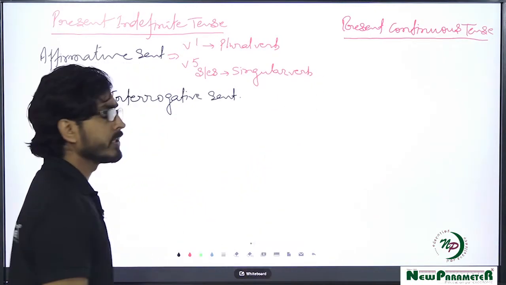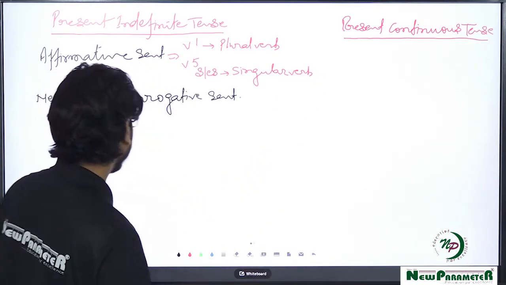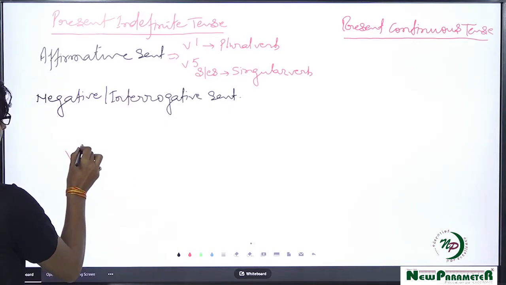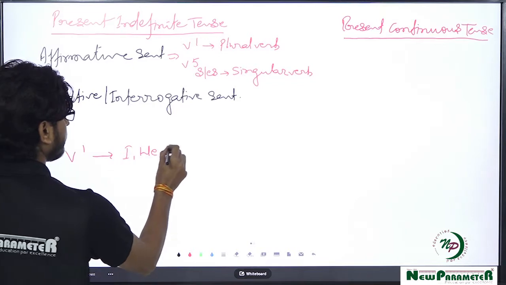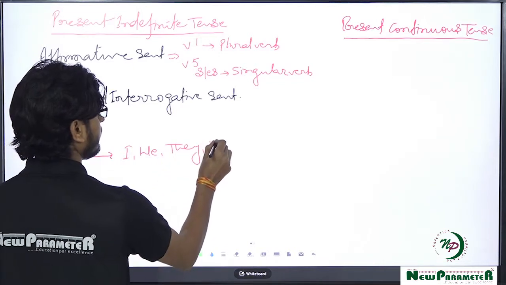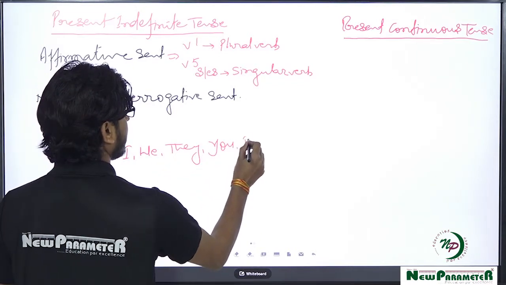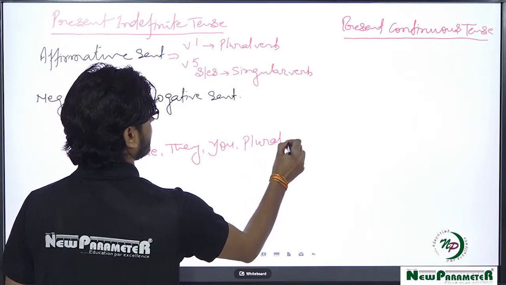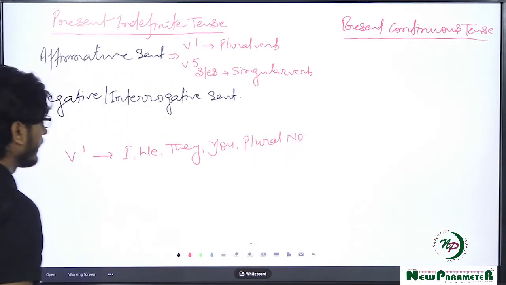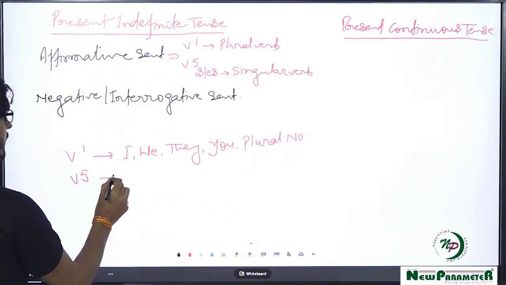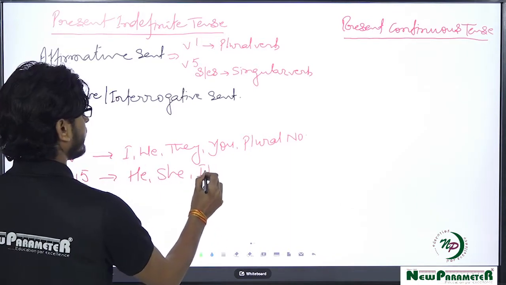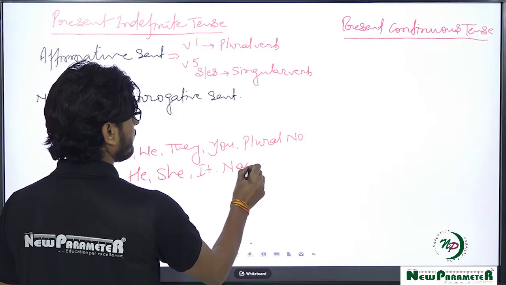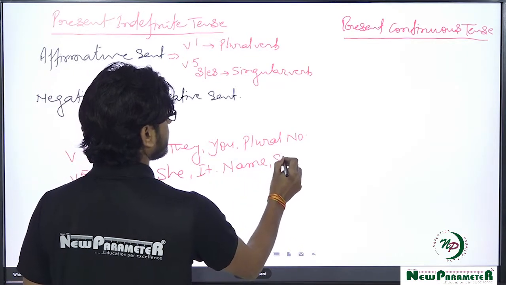But what is the use of V1 and V5? See here. V1 is basically used with I, we, they, you and a plural number. And V5 is basically used with he, she, it, any name and singular number.